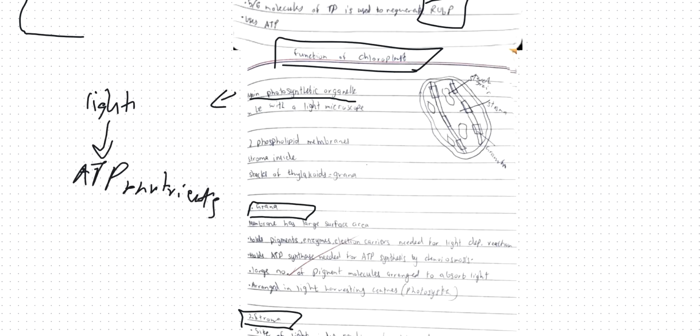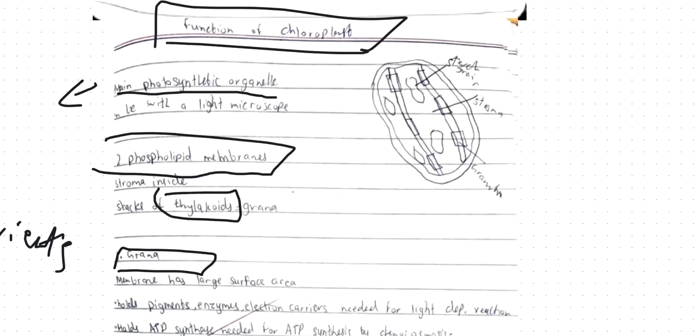It has two phospholipid membranes. And remember the thylakoid. Thylakoids are these boxes right here. This is one thylakoid.